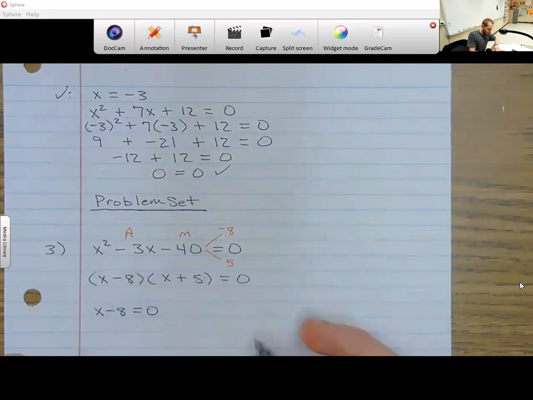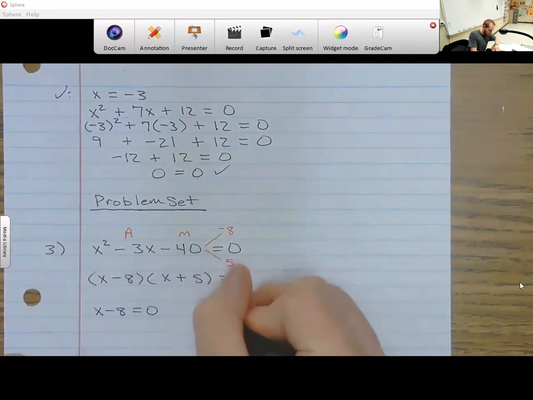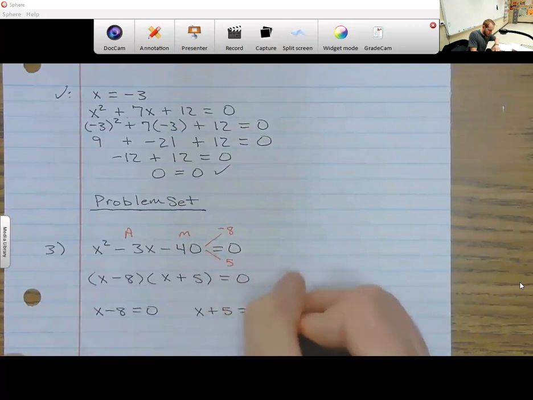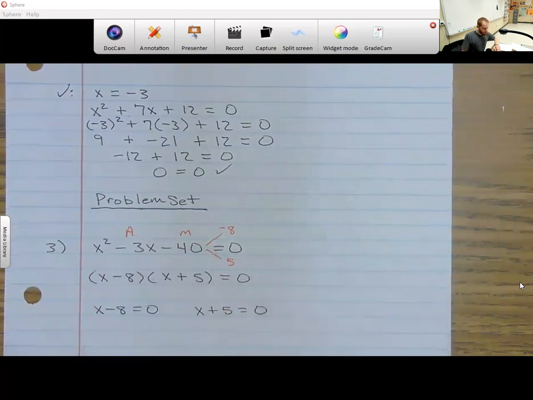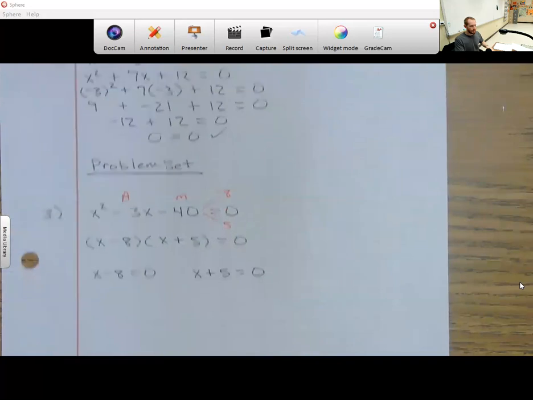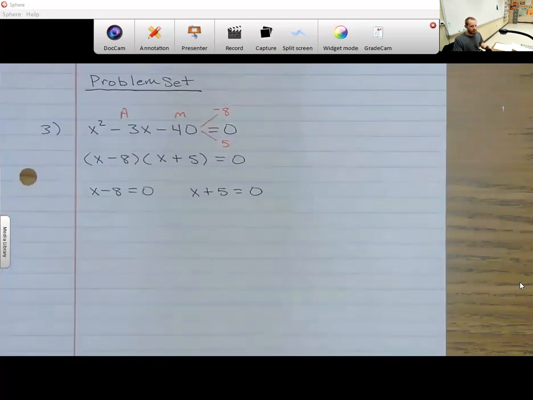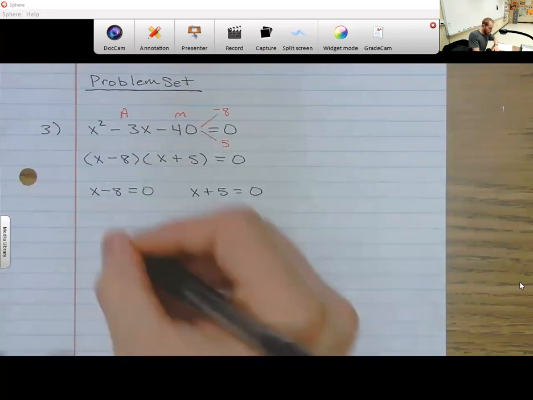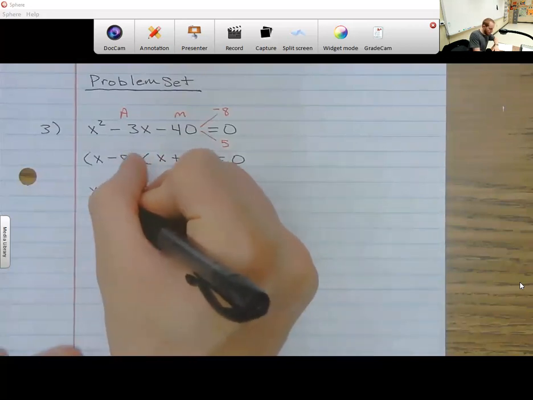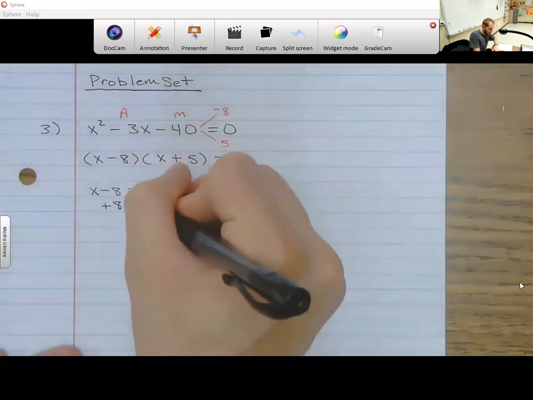And then the x plus 5, I set that equal to 0, and that's going to be my second equation. Okay? So now I can solve them both for x by doing what I need to do. To get rid of a negative 8, I've got to add 8 to both sides. That way, the negative 8 and the positive 8 will cancel out.